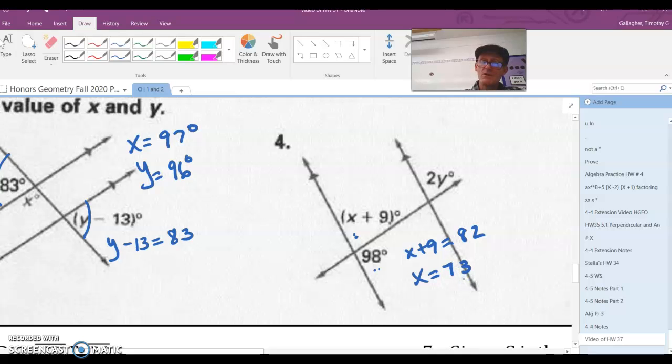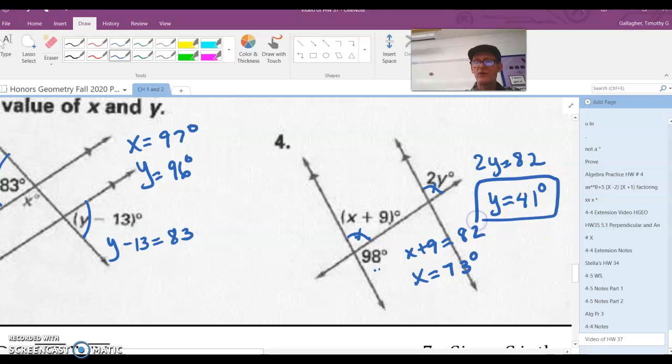Okay? So that's 73 degrees for x. Now y, we have to figure out what that is because we know that this angle is 82 and 2y is equal to that angle because they're corresponding angles. So 2y is equal to 82. That puts y at 41 degrees.